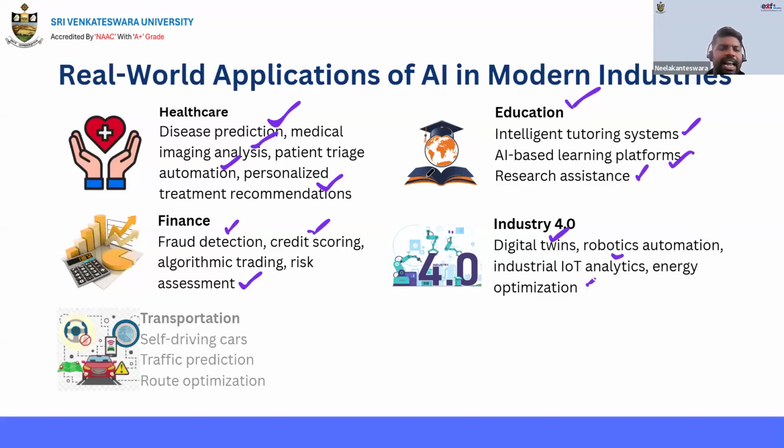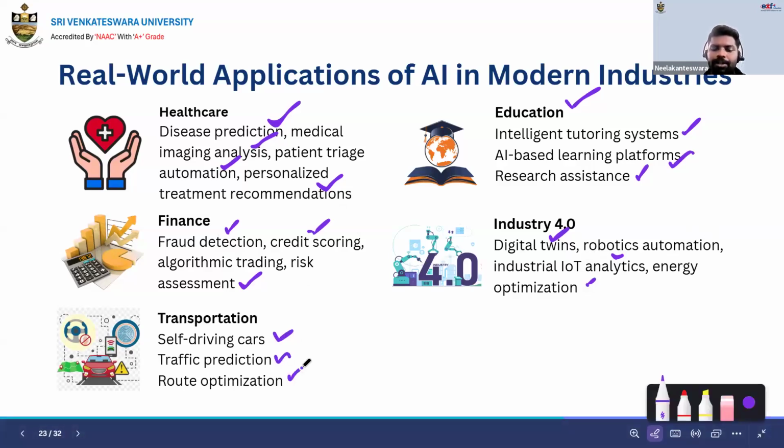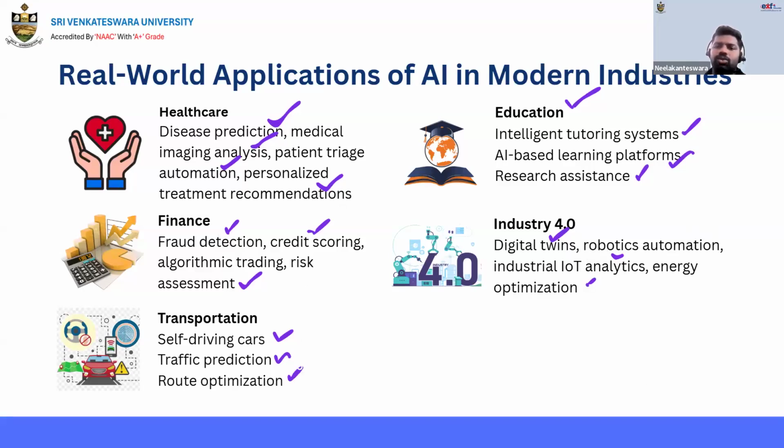And we can use it in transportation also for self-driving cars. I already told you one example, self-driving cars. And traffic predictions, route optimization. The best example is Google Maps. How do they suggest the route from source to destination? Based on your vehicle type, based on the traffic, and based on the road conditions, they suggest and optimize the route, and they give you the timing also.